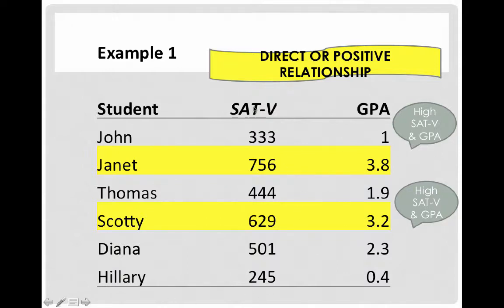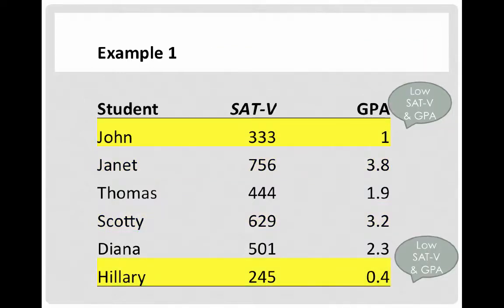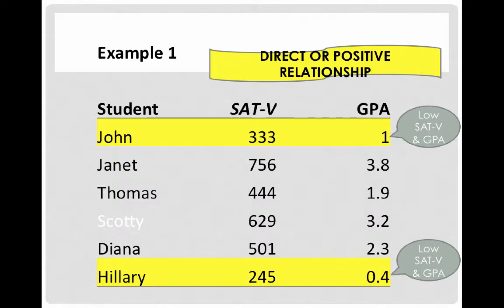So they scored high on this, so they scored high on the GPA. Likewise, those that scored low on the verbal had a low GPA. Low, low. That is also a direct or positive relationship.